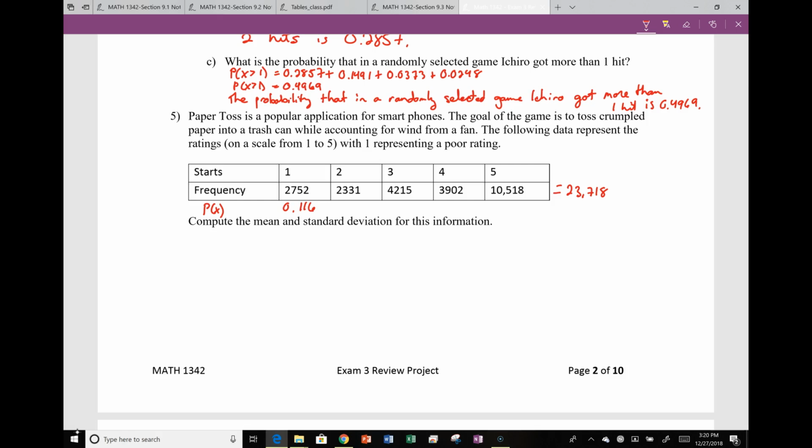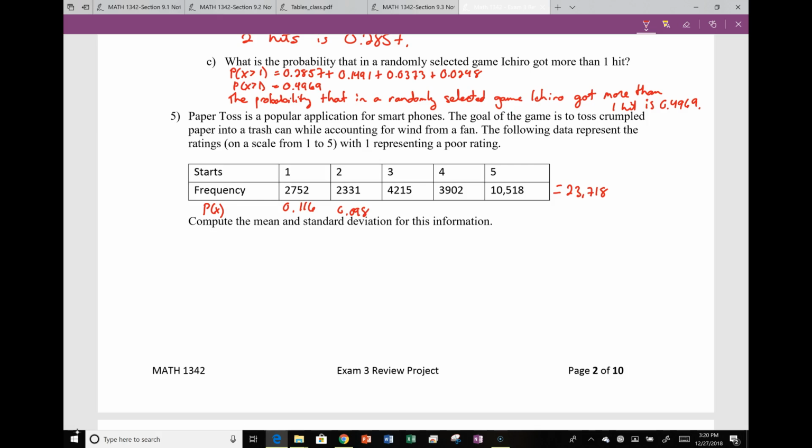For the probability for a rating of 2, we have 2,331 divided by 23,718, and we get 0.098. And we're going to continue.